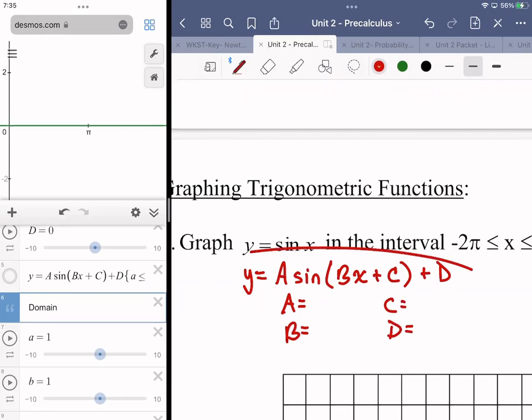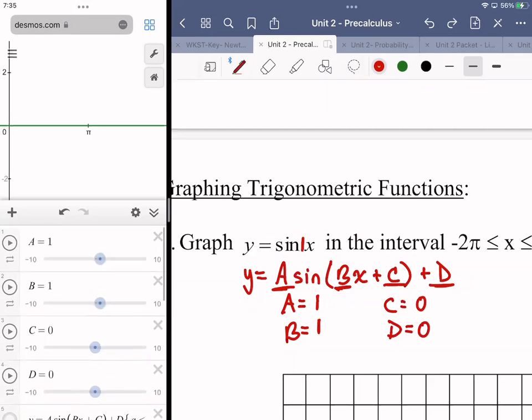So in order for this to simplify down to that, the A value must have been a 1. The B value, which would be the number in front of the x, would have to be a 1. And then everything else would have to be zeros. Right? And in fact, if you replace this with a 1, this with a 1, this with a 0, and that with a 0, you'd get right back to this. All right.